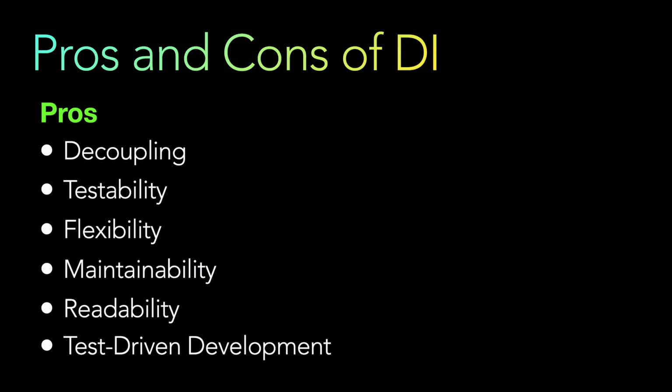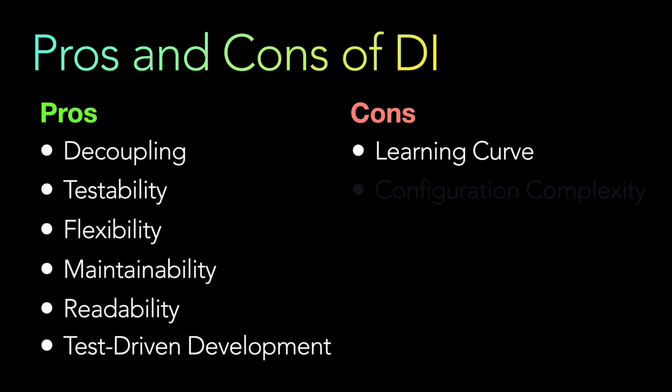But having said that, there are certain cons also. So let's look at them. Obviously there is a learning curve. Adopting DI may have a learning curve, especially for developers who are new to the concept. Developers might need time to understand the intricacies of dependency injection frameworks. So that is at times a challenge.